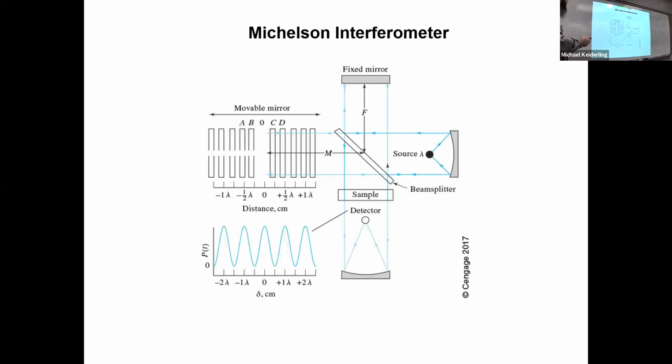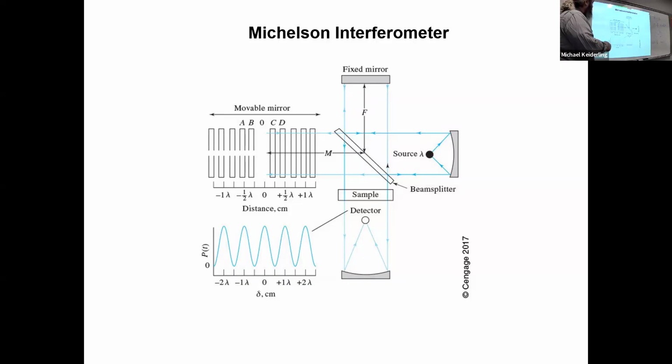But yeah, so you have an interferometer with a fixed mirror, a beam splitter, and a movable mirror. So as the mirror moves for a specific wavelength, you'll get an oscillation like this. At 0, you'll have a peak. You'll get 0 amplitude at half that wavelength.